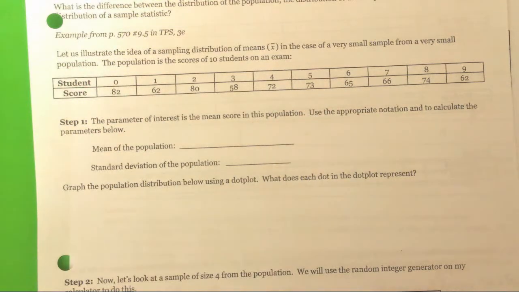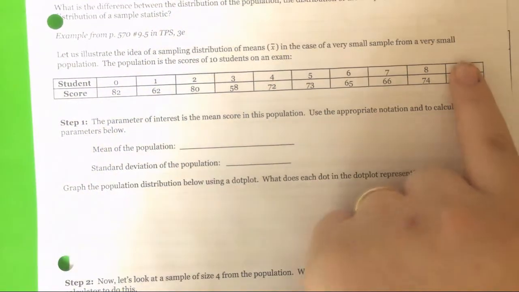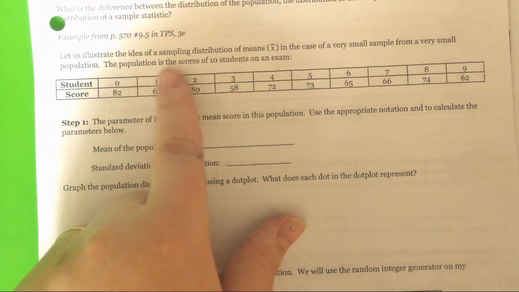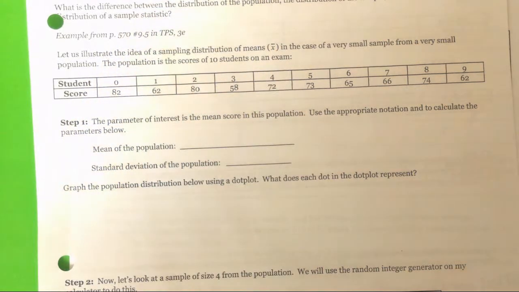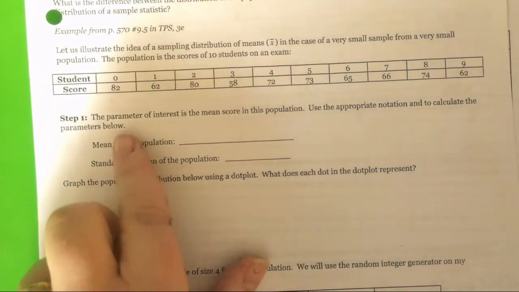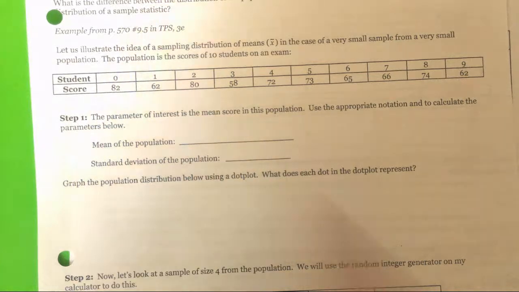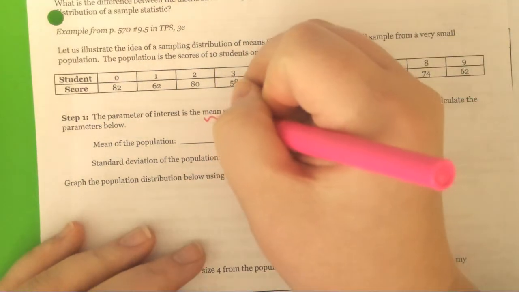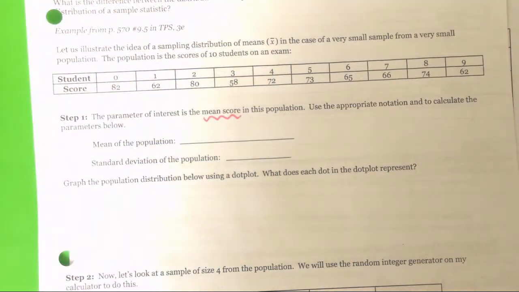We have 10 students, labeled student 0 all the way through student 9. The population is the scores of 10 students on an exam. Step 1 asks us, the parameter of interest is the mean score, so we want to find the average score. We want to use the appropriate notation and calculate the parameters below.